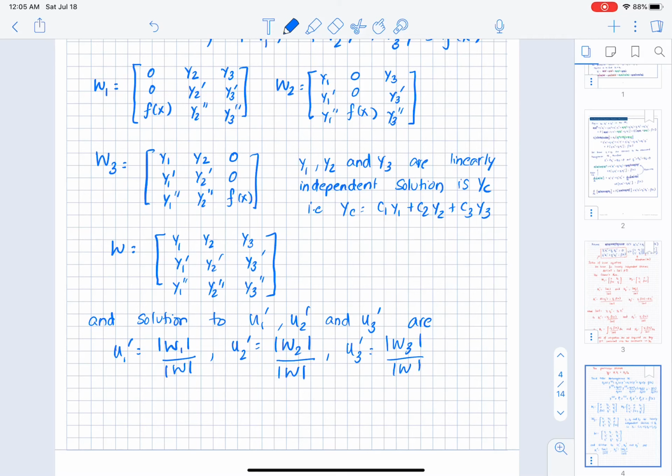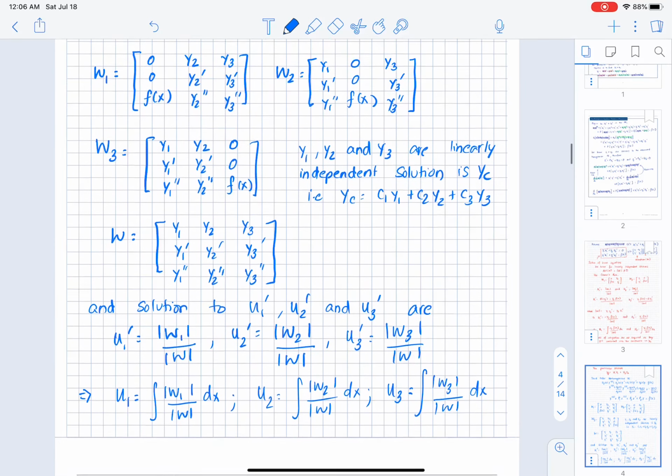We have those three solutions, which means u1 is simply the integral of the determinant of W1 divided by the determinant of the Wronskian dx. u2 is the integral of the determinant of W2 divided by the determinant of the Wronskian dx. u3 is the integral of the determinant of W3 divided by the determinant of W dx, or any independent variable.